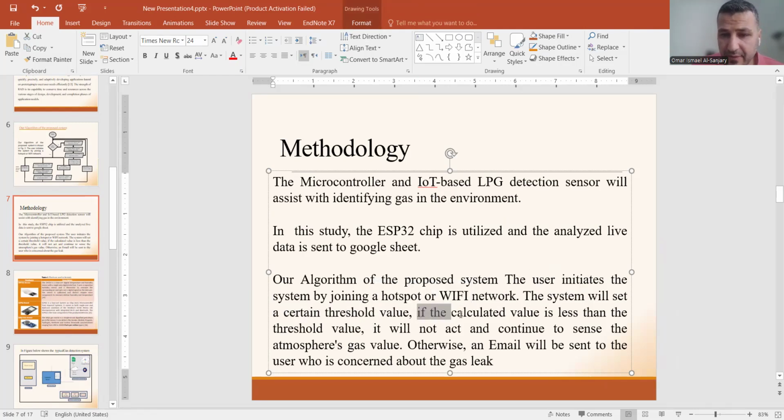If the collected value is less than the threshold value, it will not act and will continue monitoring the gas value. Otherwise, an email will be sent to the user who is concerned about the gas leakage.